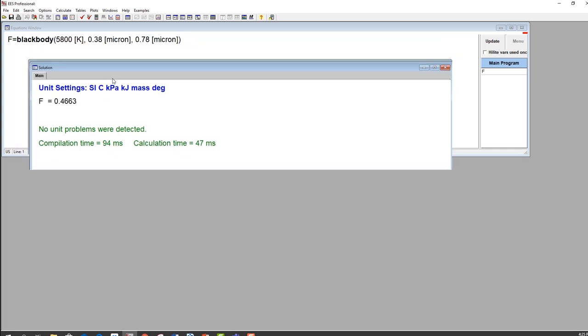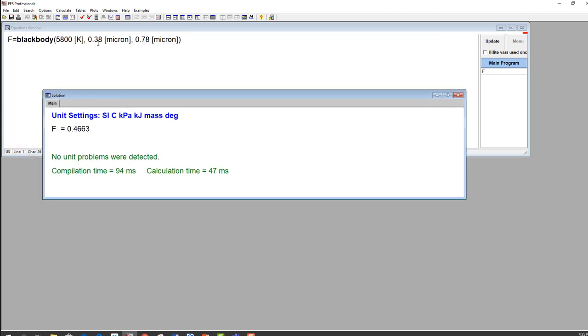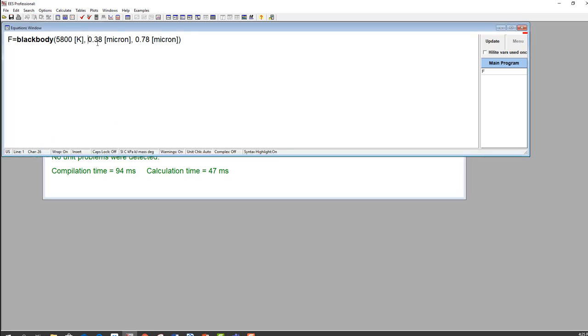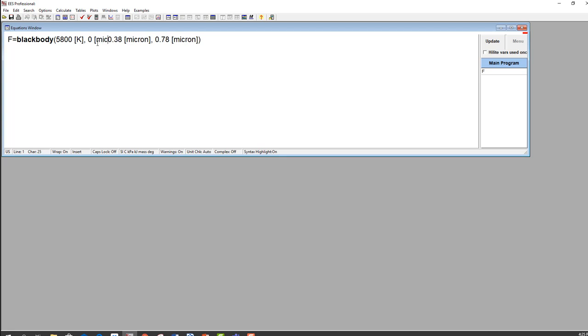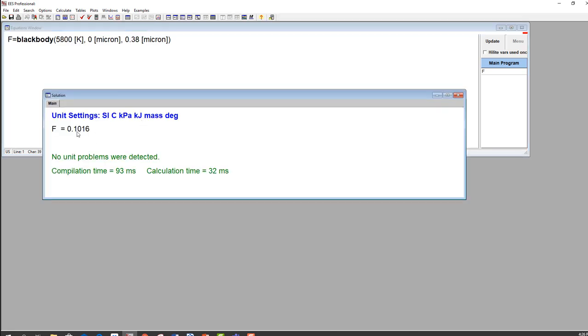If I want to think about how much energy emitted by the sun is in the ultraviolet, that would be energy emitted below 0.38, right? So this would be from 0 micron up to 0.38 micron. This is the energy that's actually very dangerous to us, right? This is low wavelength, high frequency, high energy radiation, and it turns out about 10% of what the sun emits is in that dangerous region.